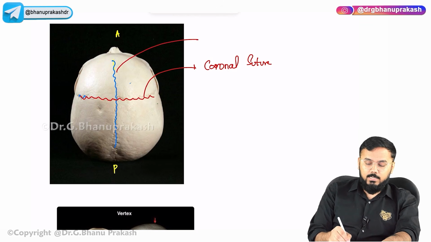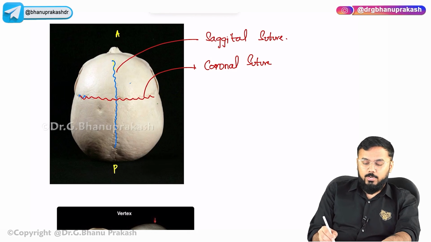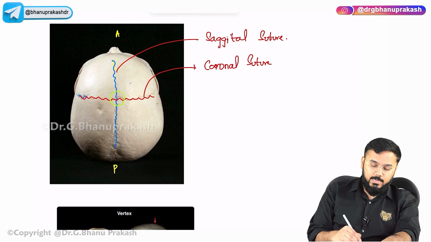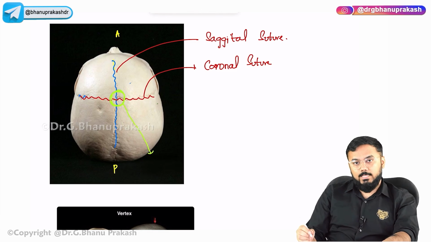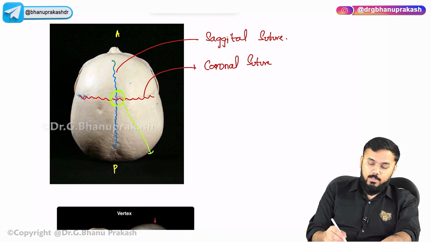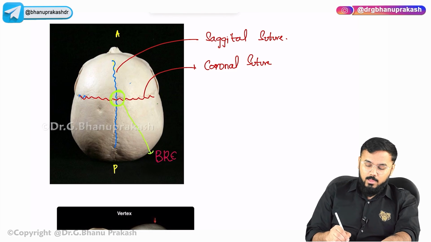And what is this? Sagittal suture. The place where sagittal suture and coronal suture are fusing, exactly at this point, is called as bregma.